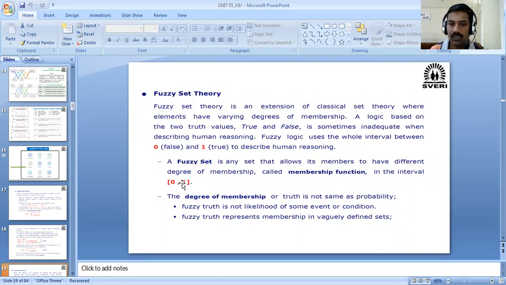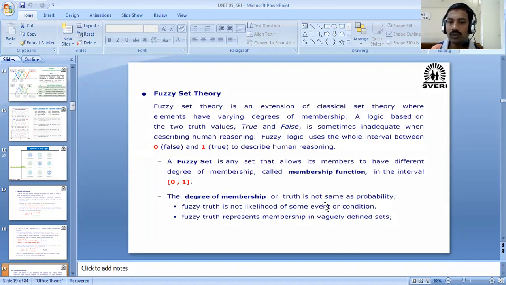A fuzzy set is a set that allows its members to have different degrees of membership. Between these two we can write different membership values like 0.2, 0.3, 0.4, 0.5, called membership functions in the interval 0 to 1.